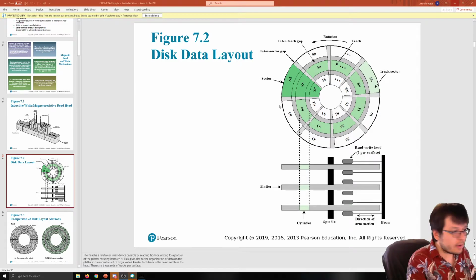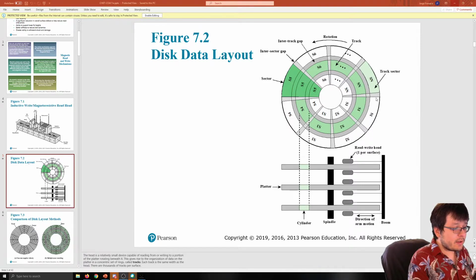As you can see here in this example, the labels here are iffy, but this is one track right here that's on white. And then the light green is another track here. Even though this one's a different color, just ignore that part. And finally, this outer layer is another track. And in between the tracks, you can see this gray material.